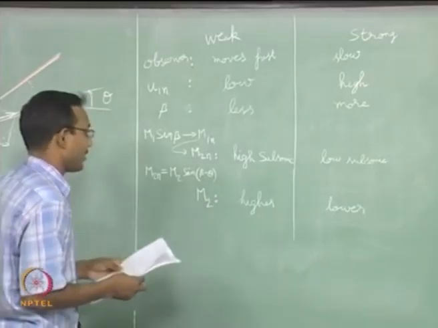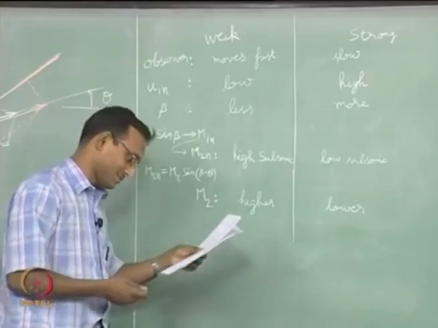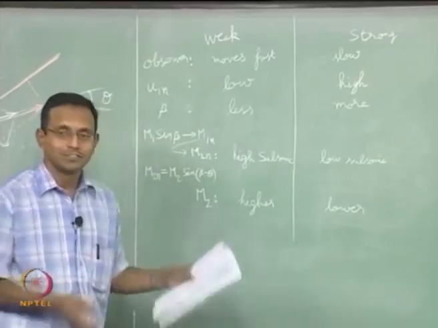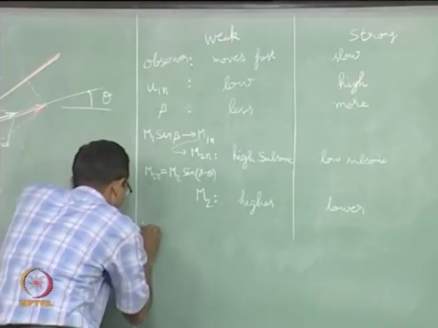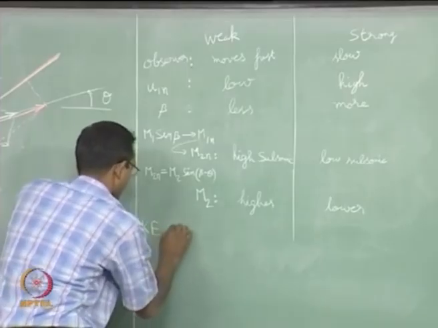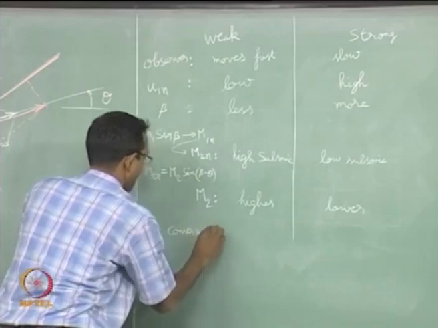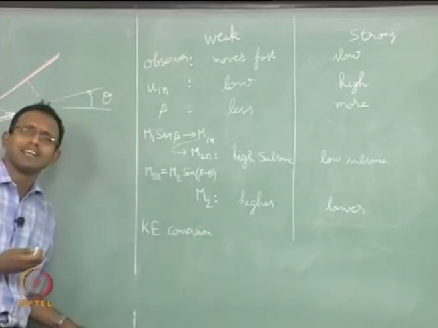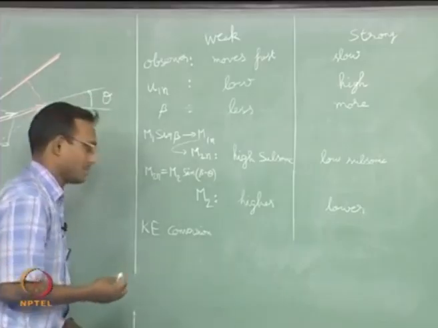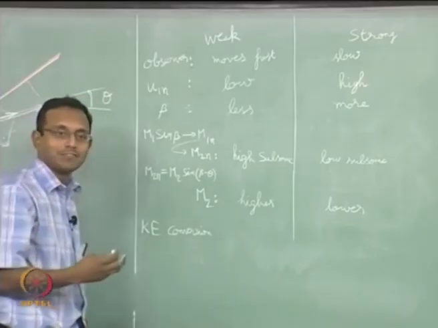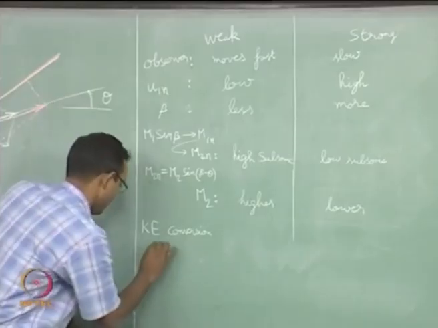Now, I just want to give you one more feel for things. So I am going to look at kinetic energy conversion. What is it getting converted to? It is getting converted to internal energy, which is expressed in the form of pressure and temperature.